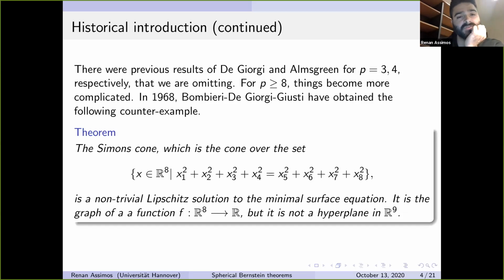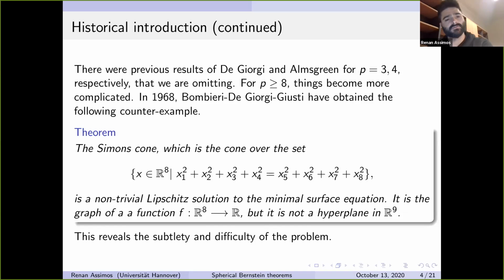Essentially they prove that the Simons cone is a Lipschitz solution to the minimal surface equation, but its graph is not a hyperplane in R9. This is not going to be important for us. I just put this so that we know that this problem has some difficulties when we look at higher dimensions and especially in higher codimensions.